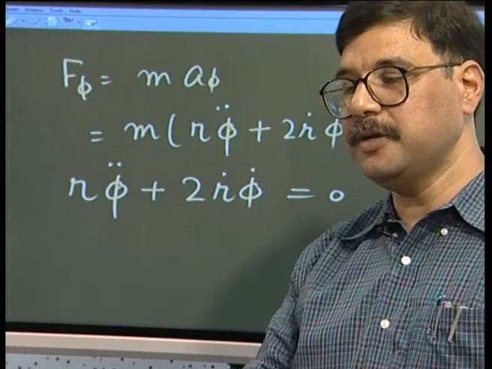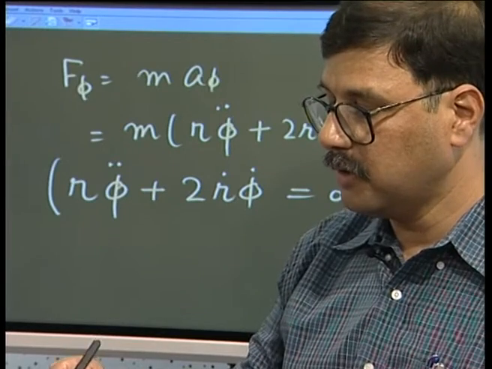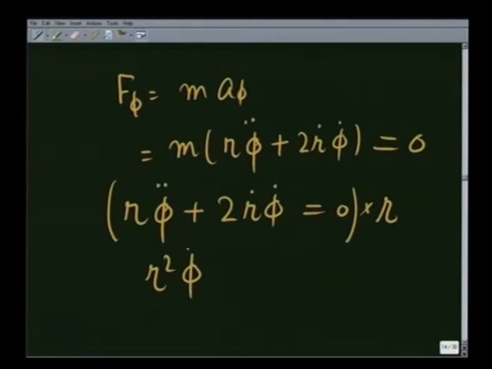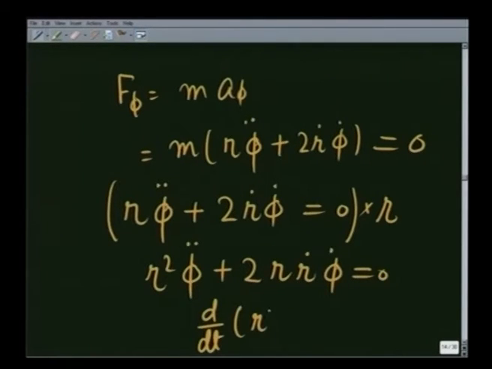I can easily integrate this equation if I multiply this whole thing by r, so that I get r square phi double dot plus 2 r r dot phi dot equal to 0, and you can easily see this is nothing but the derivative of r square phi dot. First term gives you r square phi double dot, second term gives you 2 r r dot phi dot, and this is equal to 0, and therefore r square phi dot is constant.